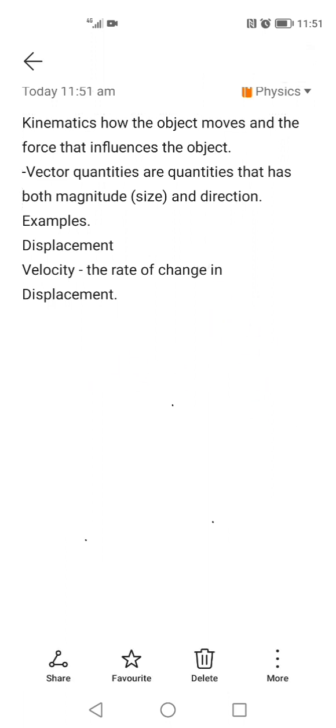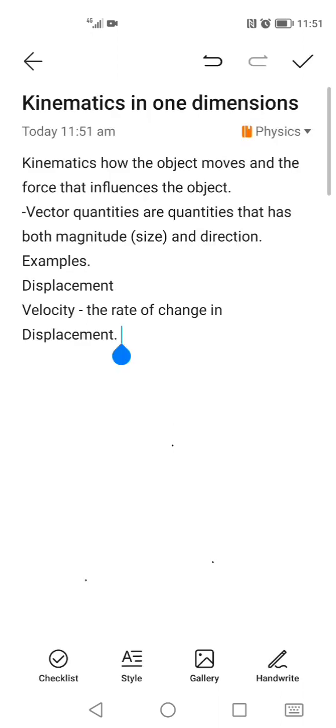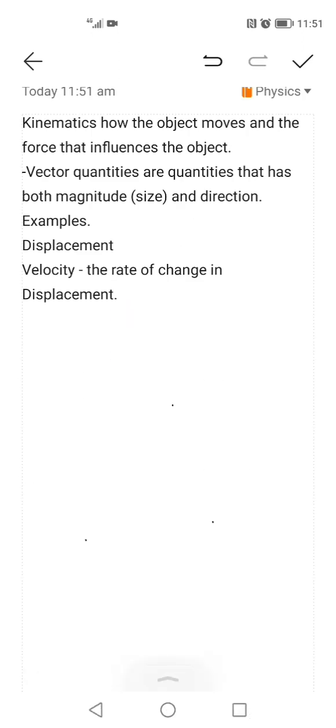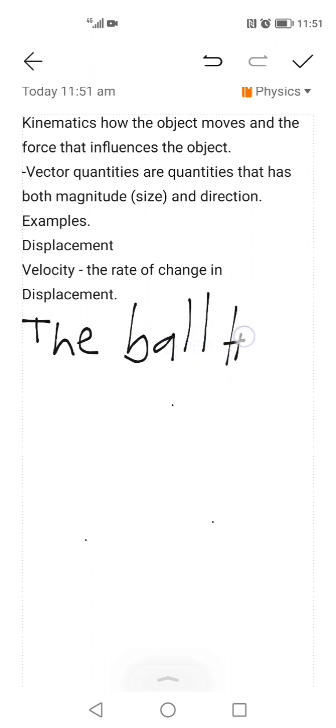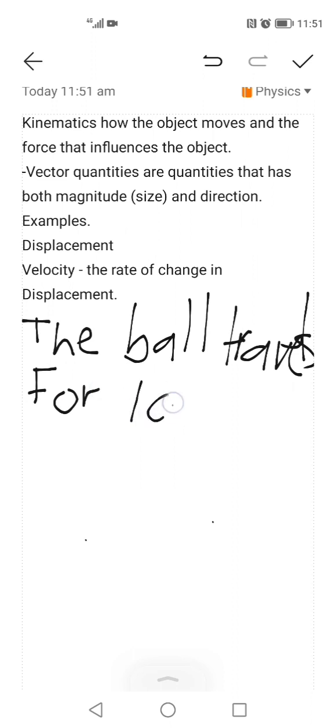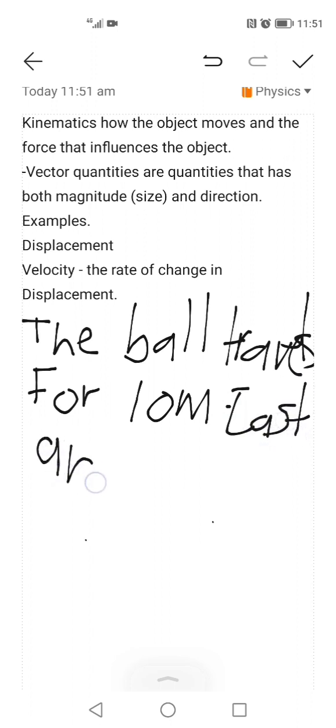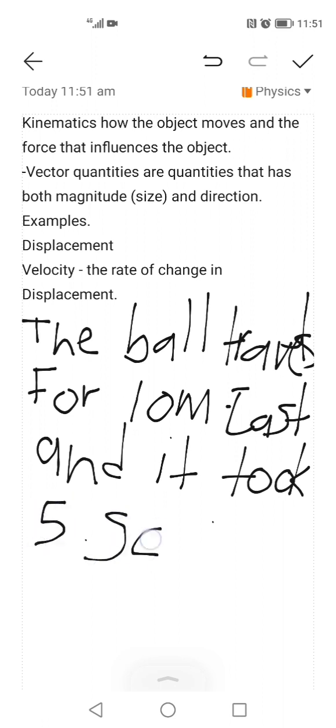Let's say they are telling us that the ball travels for 10 meters east and it took 5 seconds.